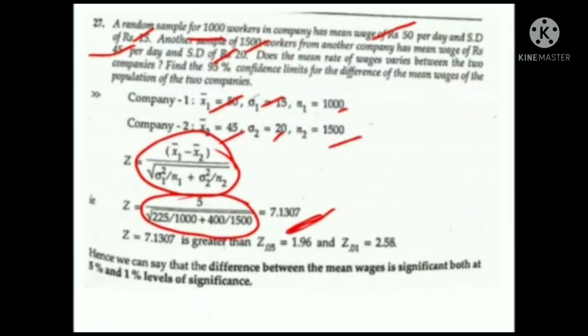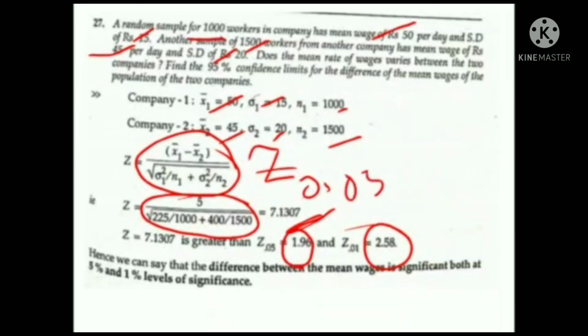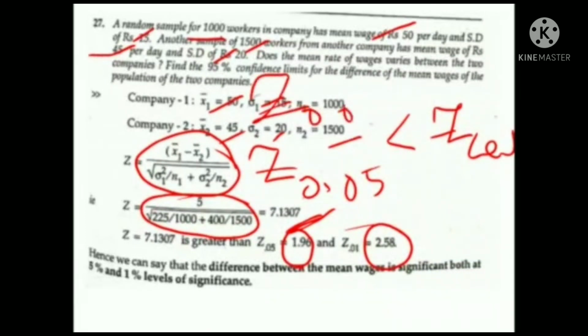we get z equals 7.1307, which is such a huge value. And we have the critical values for the two-tailed test. These are the two-tailed test critical values, guys. At 5% level of significance, it is 1.96 and at 1% it is 2.58. But we have z 0.05 is less than z calculated, and similarly z 0.01 is also less than z calculated.